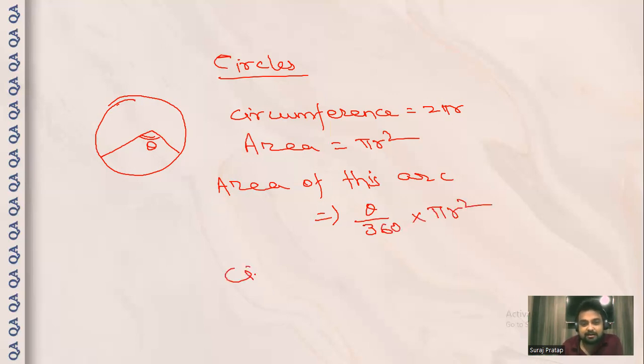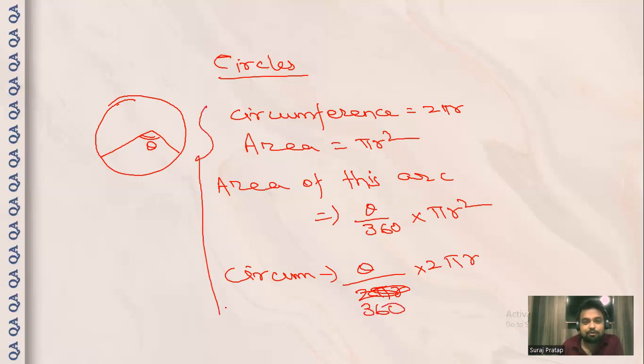Similarly, the arc length will be theta upon 360 into 2 pi r, right? So these are the four basic concepts that are generally there in circles.